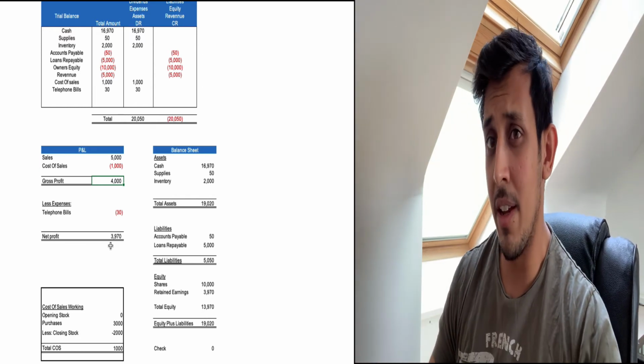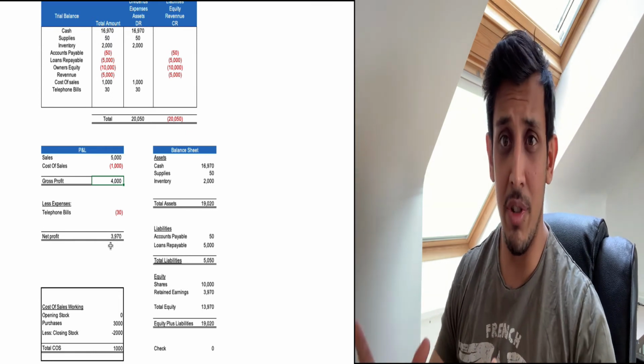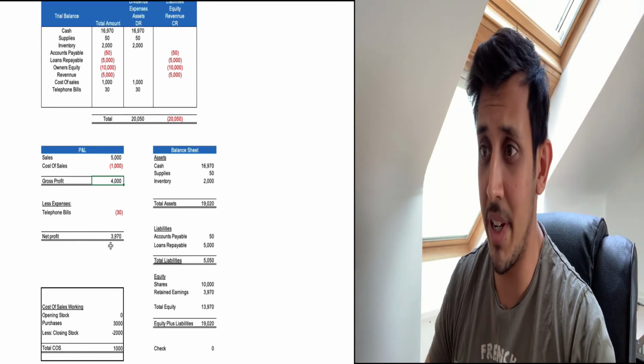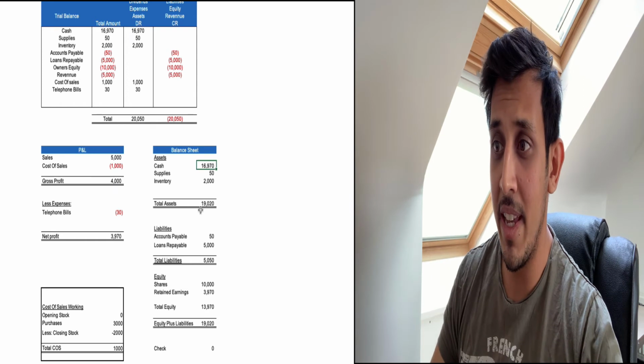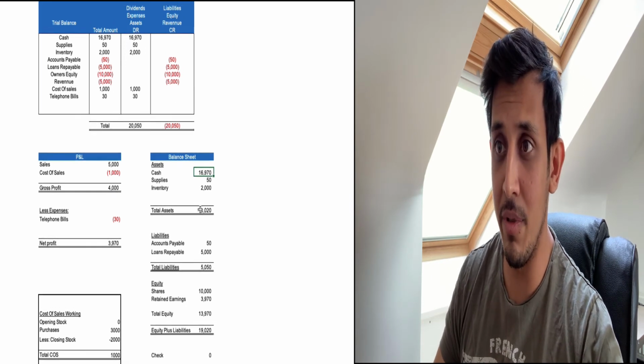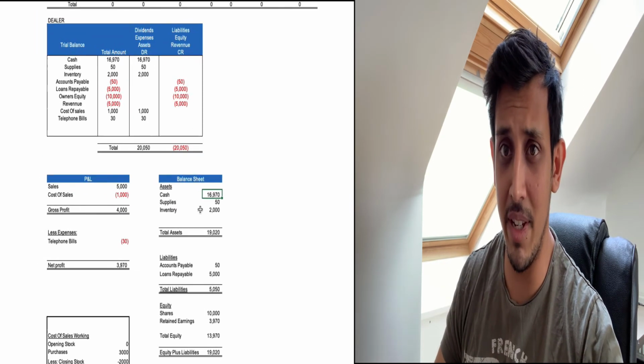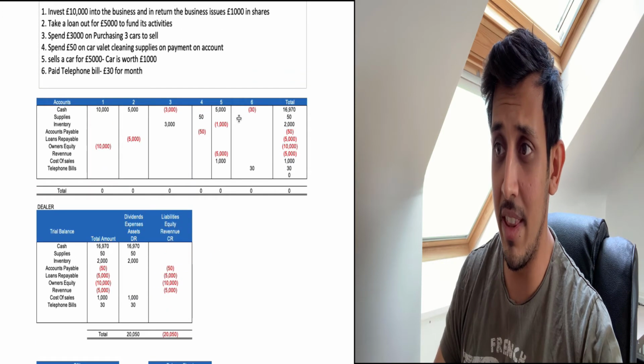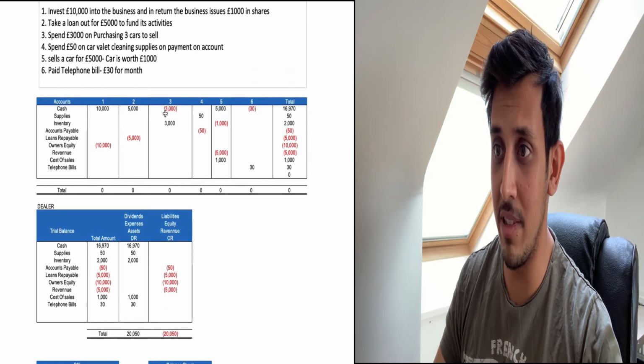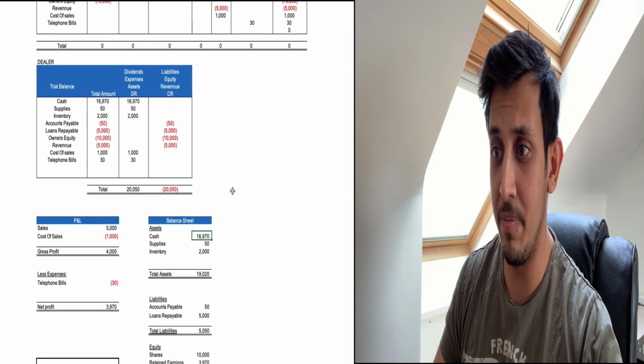Now, moving to a balance sheet, which shows us the financial structure of a company, we know that in our cash, we've got £16,970 left, and that's just after all of the expenses and money coming in and money going out.